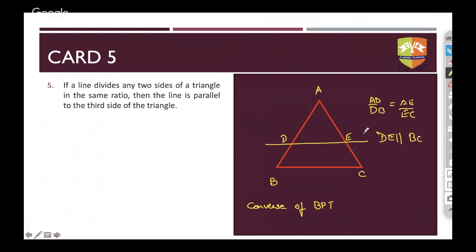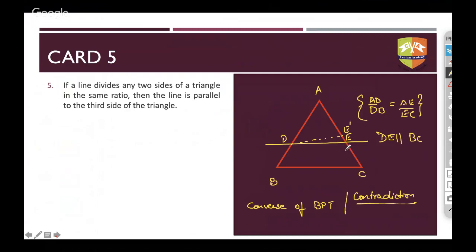Now, how did we prove that? We used contradiction. I'm not going into deeper details. Let us say that DE is not parallel to BC, and let another point E dash be there on AC such that DE dash is parallel to BC.